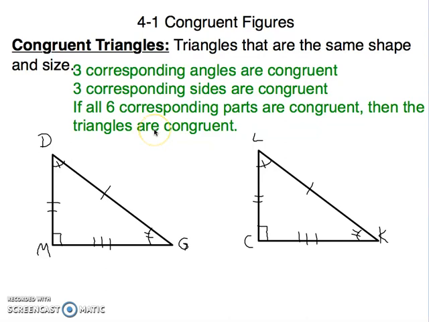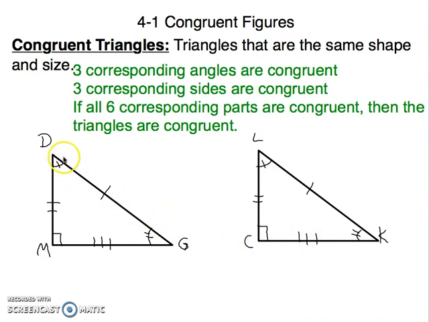The word corresponding refers to the pieces of the triangle that match up. If I were to take this triangle, DMG, and lift it up and drop it on top of this triangle, LCK, the pieces that match up would be considered the corresponding parts.